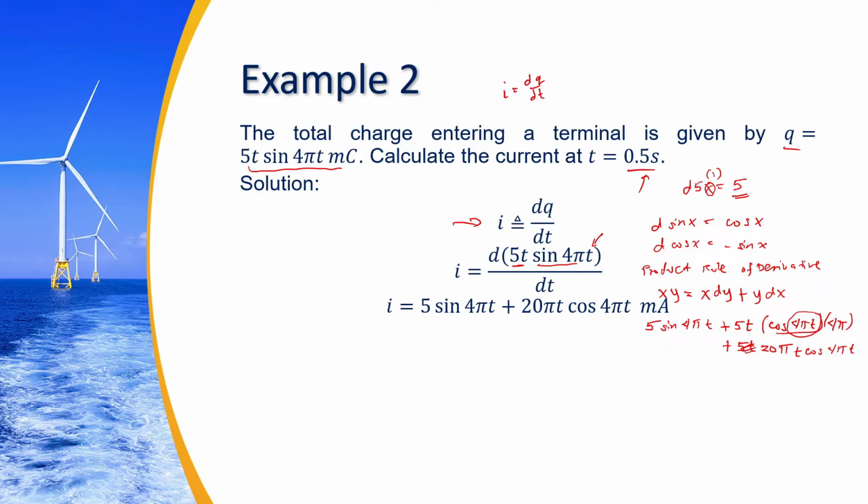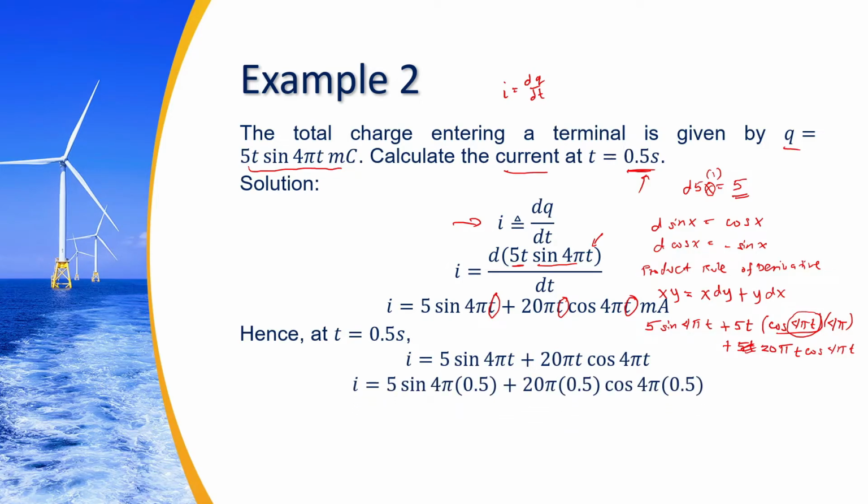Okay? So, ito na ba yung sagot? Hindi pa, kasi hindi pa napapasok yung time natin na 0.5 seconds. Ang tanong kasi, calculate the current kapag yung time niya is 0.5 seconds. Ang gagawin natin diyan, substitute lang natin dito sa mga value ng t natin. Kapag nilagyan natin iyan, makakarating tayo sa ganitong equation. Tama?